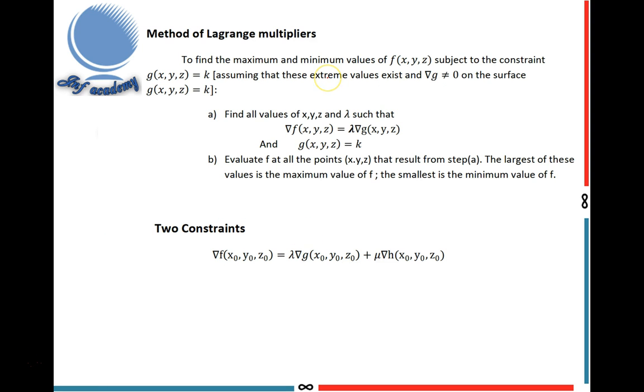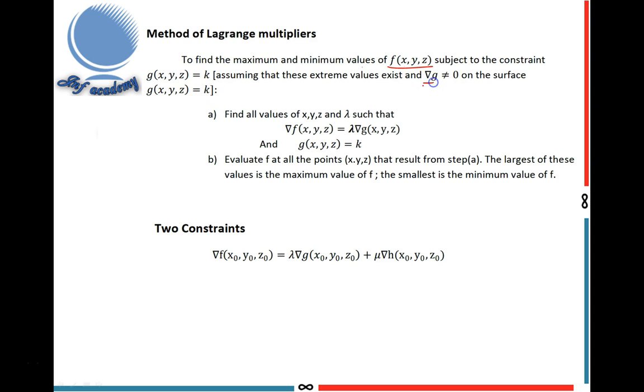Next, method of Lagrange multipliers. Next I explain the method of Lagrange multipliers. To find the maximum and minimum values of f(x, y, z) subject to the constraint g(x, y, z) equal to k, assuming that these extreme values exist and del g not equal to 0 on the surface g(x, y, z) equal to k.